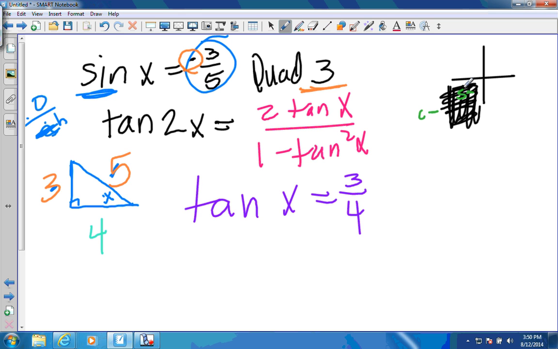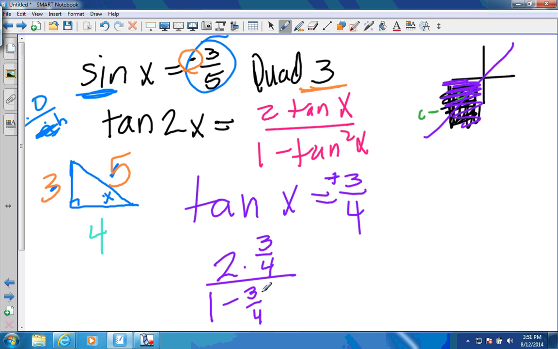Now, in this quadrant, tangent is positive because it has a positive slope, so it's a plus 3/4. And so then you would have 2 times 3/4 over 1 minus 3/4 squared.